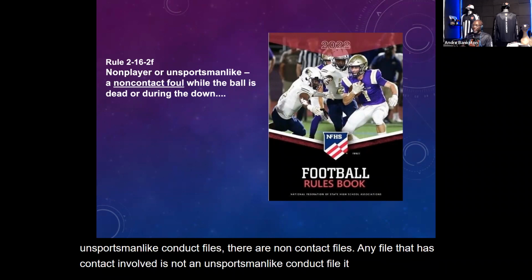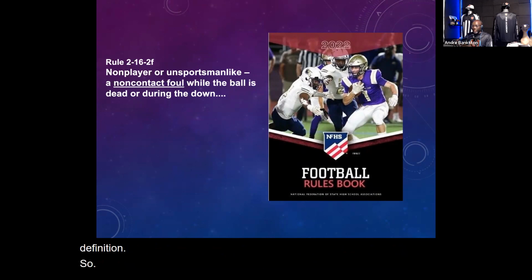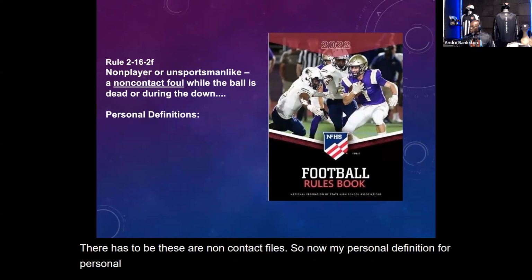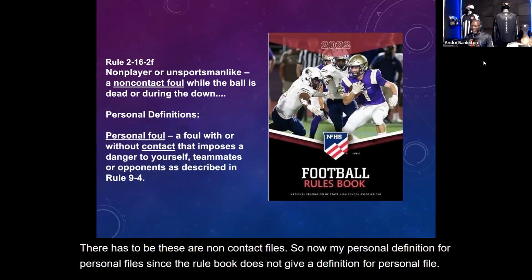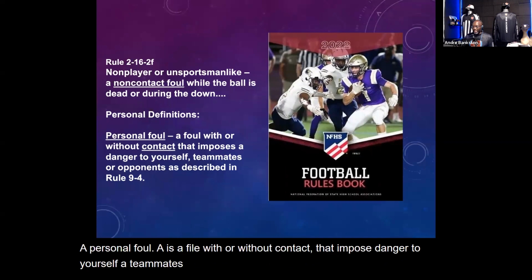It can't be, by definition. Now my personal definition for personal foul, since the rule book does not give one: a personal foul is a foul with or without contact that imposes danger to yourself, teammates, or opponents, as described in Rule 9.4.